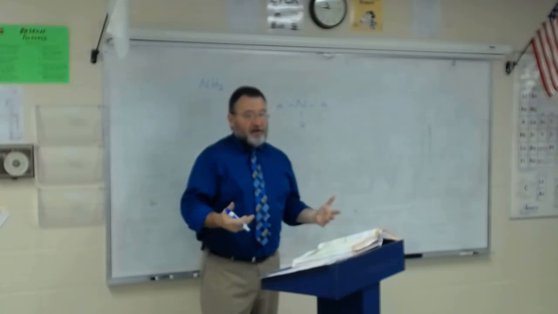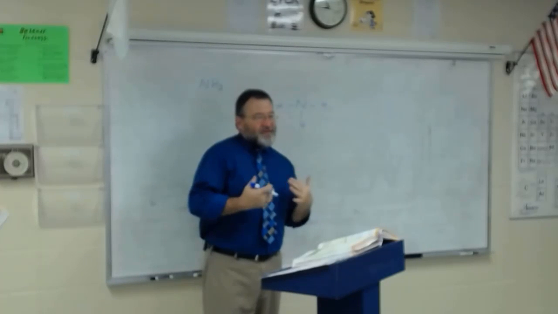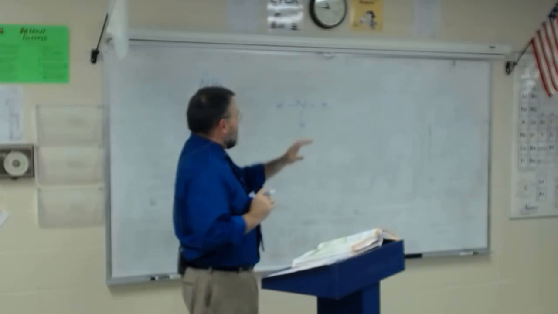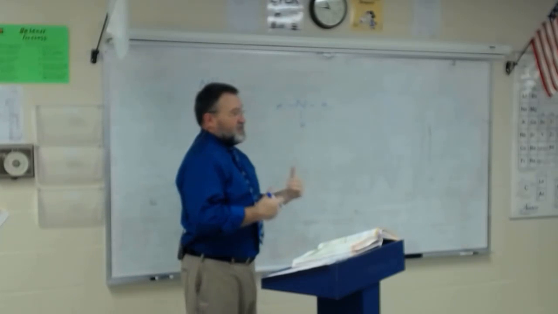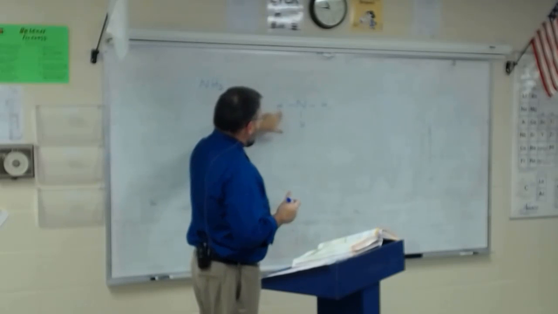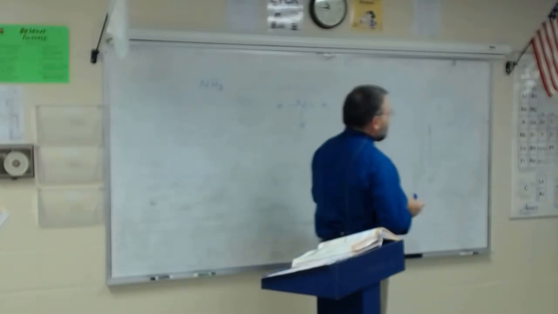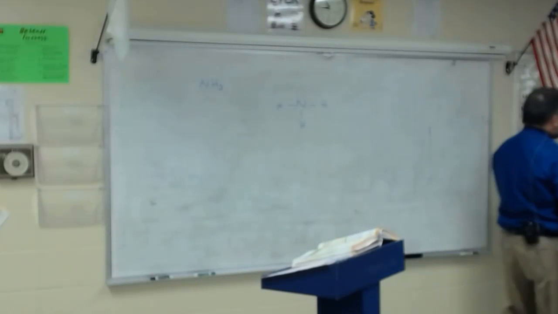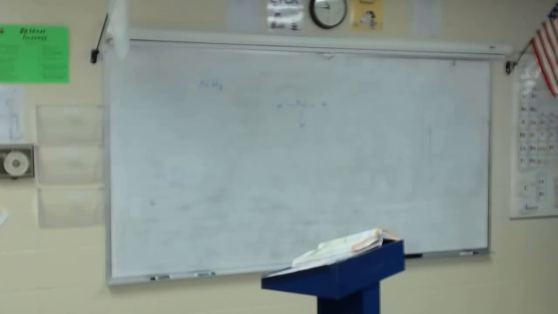Where is the polarity? Where will the electrons tend to be? We know that because they're not the same element, there's going to be a difference. So the electrons that are being shared between a hydrogen and a nitrogen, are they going to tend to be around a hydrogen or going to tend to be around a nitrogen? Hydrogen's over here on the left high, nitrogen's way over here on the right.